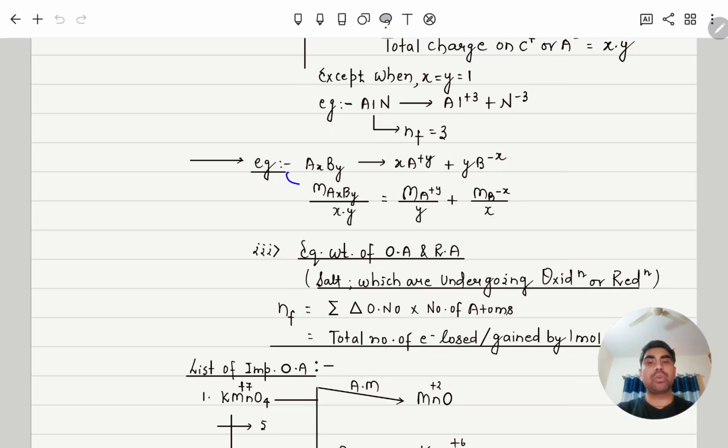Here we can also apply equivalence. The equivalence of this compound is equal to the equivalence of this cation plus the equivalence of this anion. Since it is breaking and these are its internal parts, here we will apply plus.